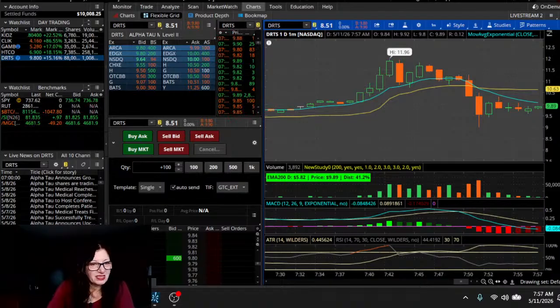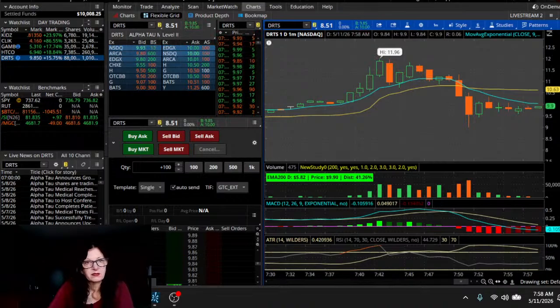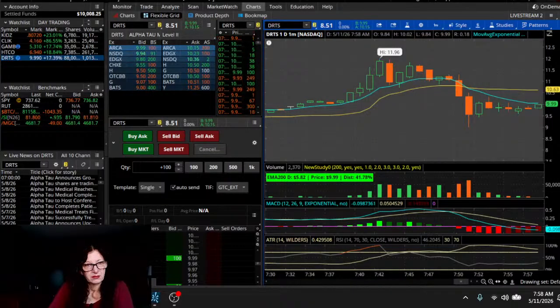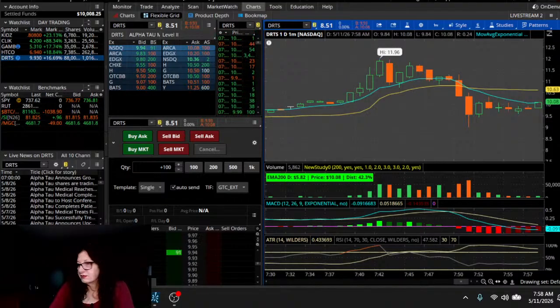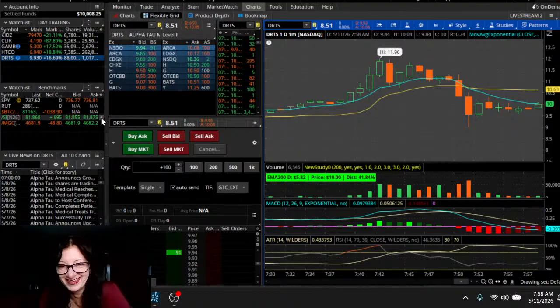I'm looking at the ABCD pattern, but it looks different on so many different graphics, which I think is what confuses me.